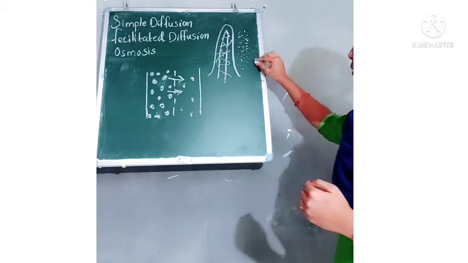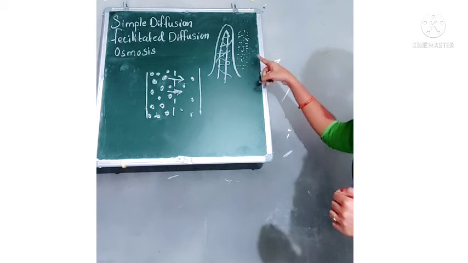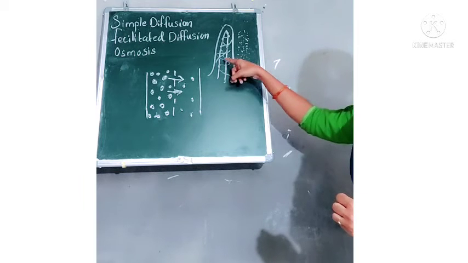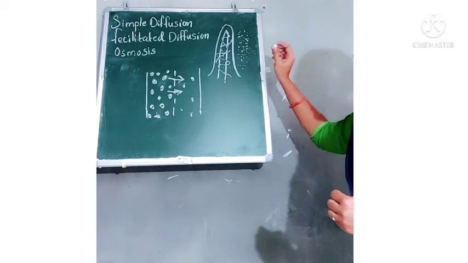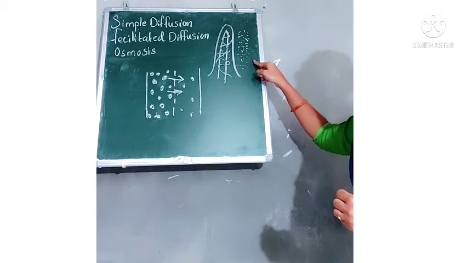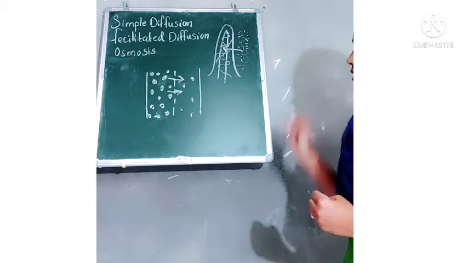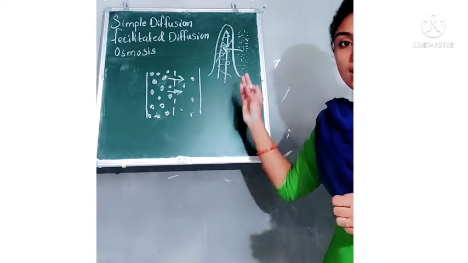Look at this diagram. Here is higher concentration and here is lower concentration. So, this is how simple diffusion takes place in lacteal.